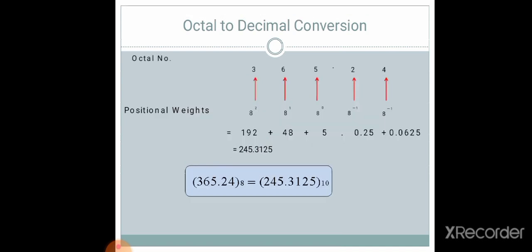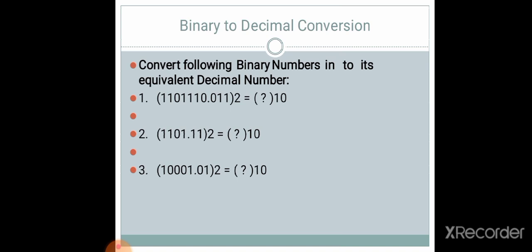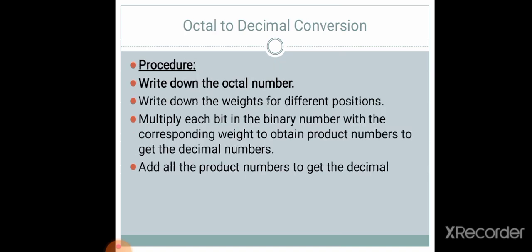Then octal to decimal. The next conversion is octal to decimal. Again the same procedure. For octal to decimal conversion, we have to write each digit in the octal number with its weight position, and after giving the weight positions, we multiply all the digits with their weights, and finally we take the addition to find the decimal number.